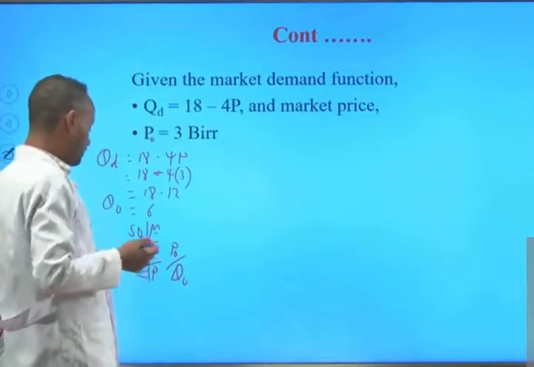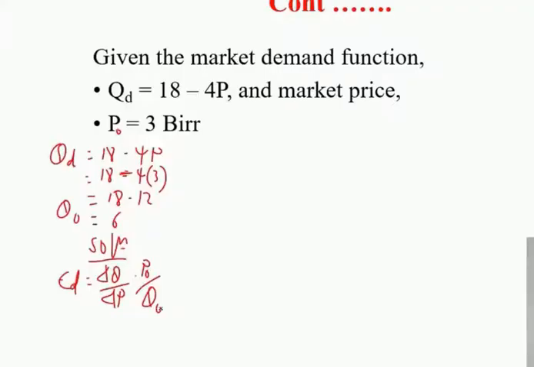In order to get the value of the change in Q for the change in P, we have to first get the slope of the demand function, because the slope is calculated by dividing change in P by the change in Q. Then once we get the slope, we can use the reciprocal of the slope of the demand function to get the value of change in Q for the change in P.